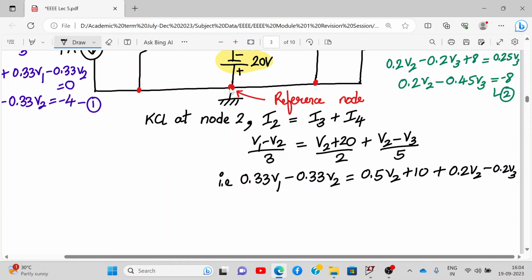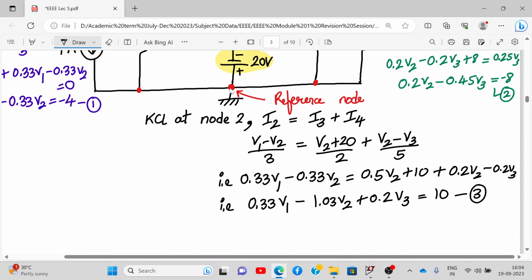If we club the terms together, we get 0.33 V1 minus, clubbing the V2 terms together, 0.7 plus 0.33, so 1.03 V2, plus 0.2 V3 is equal to 10. So this is equation number 3.